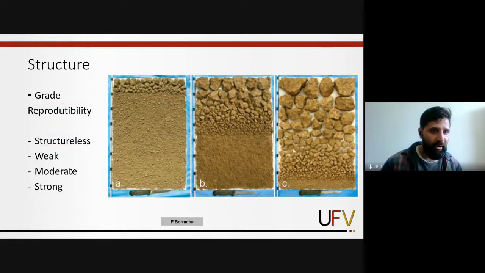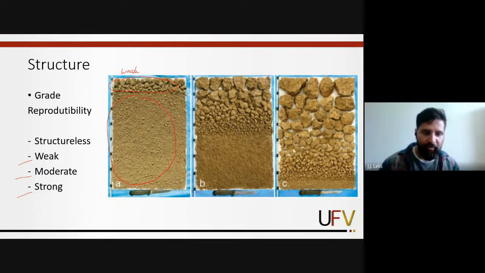But if you have any other shape, any other type of aggregation, of aggregate, a pad, you should describe them between weak, moderate, and strong grades. The weak grade is the first one. It's when you have a low volume of pads and a huge volume of material without aggregation.